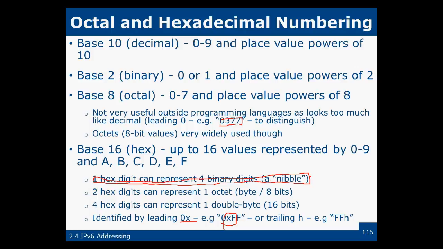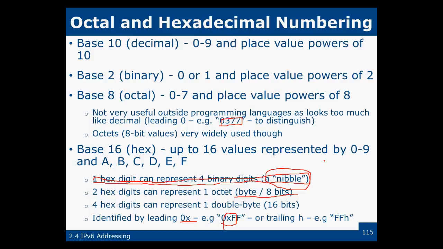Back when I was first learning this, since a byte is 8 bits, which is 2 of these, we would say there are 2 nibbles in a byte. 2 hex digits represent 1 octet or a byte, 8 bits, like we've been dealing with in IPv4 addressing, 4 octets in that one. 4 hex digits represent a double byte, 16 bits, and that's what IPv6 addressing uses.